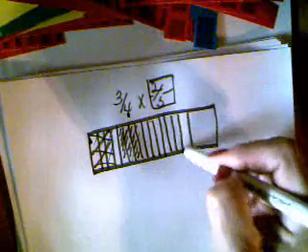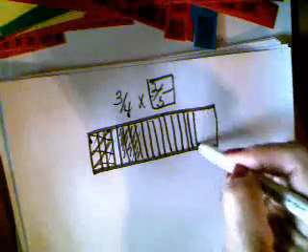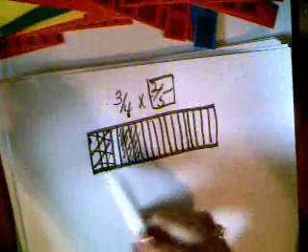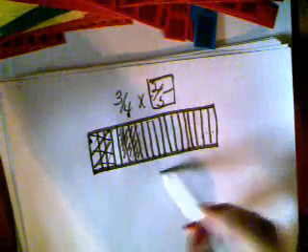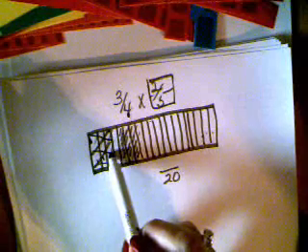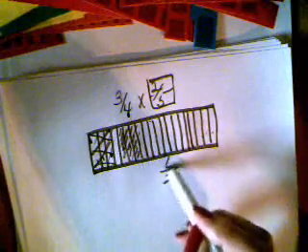And I keep dividing each of these into fourths. So altogether there are 20 sections, and I'm taking 6 of them.